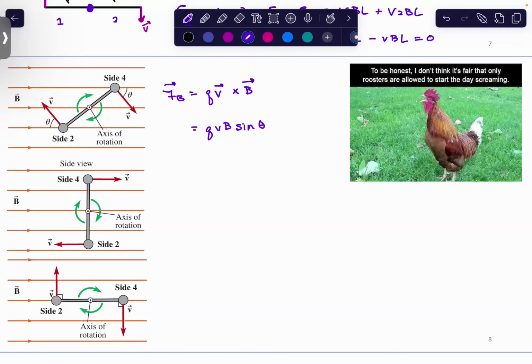Our average force is then going to become... and what is the e? Yeah, the fundamental charge. So if we have that average force, our average EMF has to look the same way.